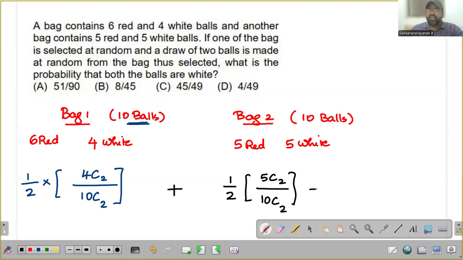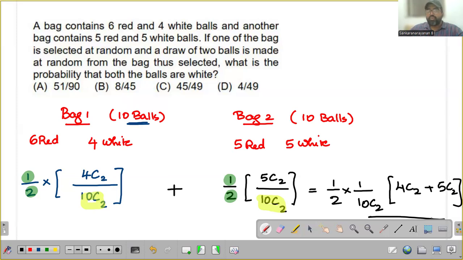So here I can take 1 by 2 as the common factor out. Also, I'm highlighting it with green color. This 1 by 2 is common. And also, you can see this 10C2 is also common in both these terms. So I'm taking that 1 by 2 and this 1 by 10C2 out. Now I am left with 4C2 plus 5C2.